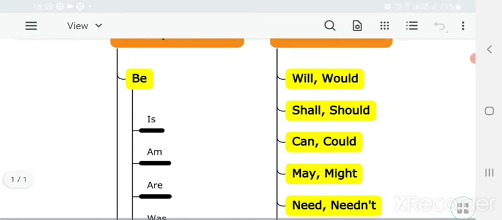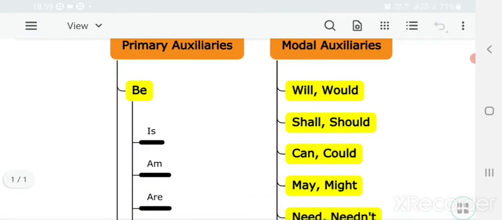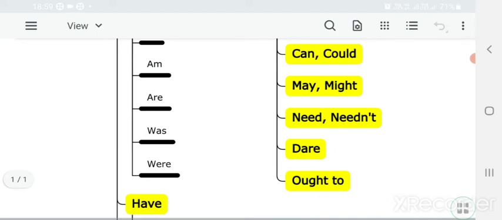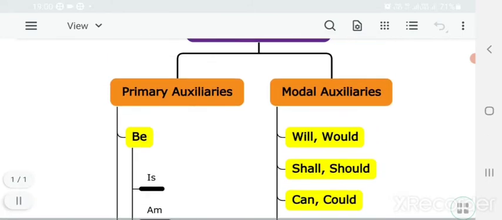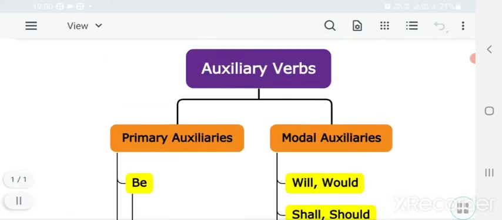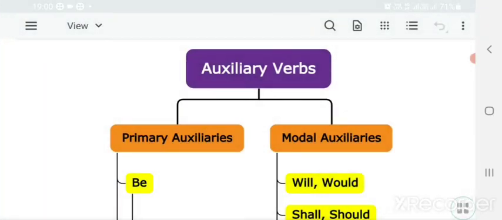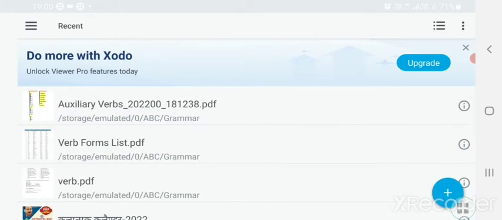And the modal auxiliaries are will, would, shall, should, can, could, may, might, need, need not, dare, dare not and ought to, and almost 23 such important modal auxiliaries are there. So we will study modal auxiliaries later. First of all, we will learn the primary auxiliaries.